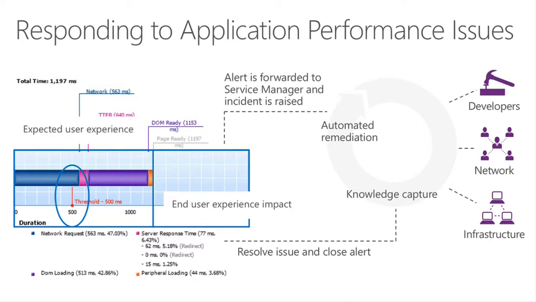Maybe there's automated remediation based on that. The big thing here is all that knowledge is then captured into our Service Manager database for archival purposes and organizational insight purposes. And then once this is resolved, Service Manager will control the resolution of this issue and closing this alert.